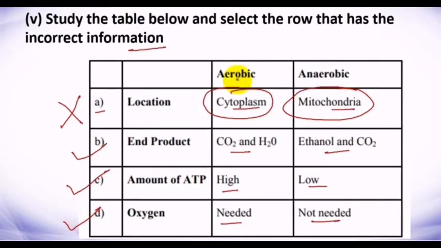Here, options B, C, D are correct. Only A is incorrect. The location of aerobic respiration includes the cytoplasm and mitochondria, but anaerobic respiration takes place in the cytoplasm only. So that is the incorrect information. So option A is the answer.